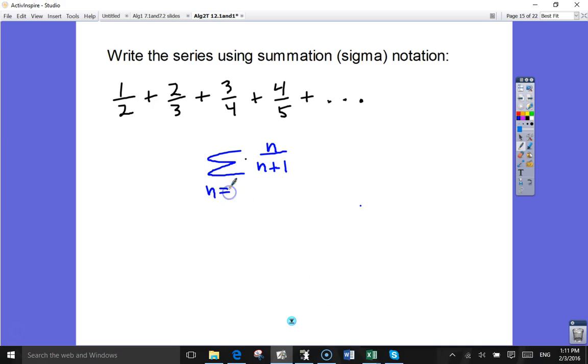N equals, what will be the lower limit will be 1. And then because of this, you got an infinity on the top.